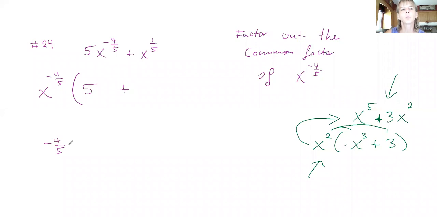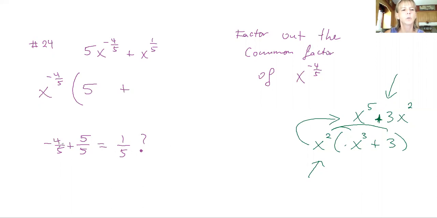Negative 4/5 plus what fifth would give you a 1/5? That's kind of what you're looking for. And I would put a 5 here. Negative 4/5 plus 5/5 is 1/5.